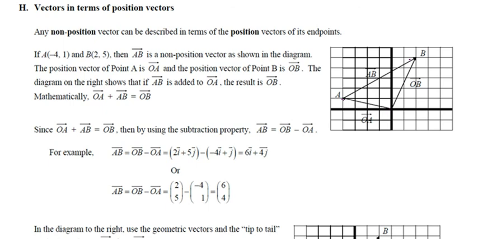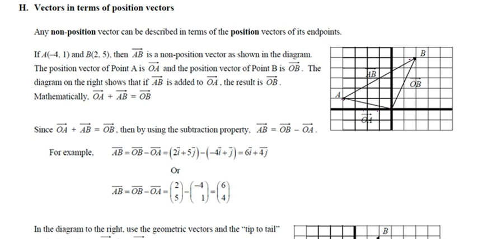Since OA plus AB is equal to OB, then using the subtraction property, vector AB must be equal to OB minus OA. So for example, AB, which is equal to OB minus OA, is 2i plus 5j minus (-4i plus j), which is 6i plus 4j.